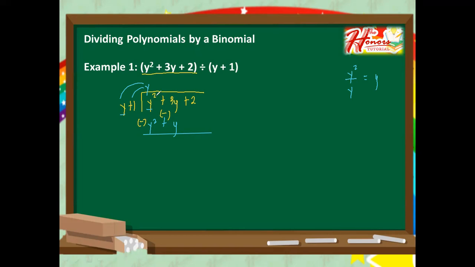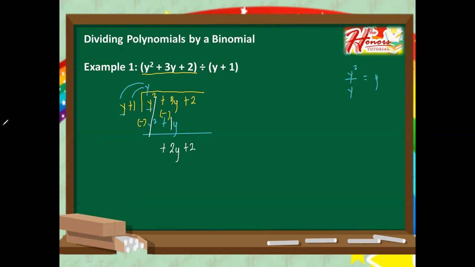Y squared minus y squared cancel. Positive 3y minus y. We have here opposite signs, so therefore you have to subtract the numbers. So for y, the number is 1, the numerical coefficient, though it is invisible. 3 minus 1, that's 2, and then copy the variable, which is y, and then copy the sign of the larger number, that's positive, and then bring down positive 2.